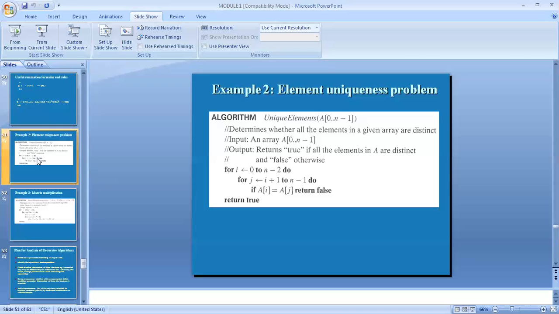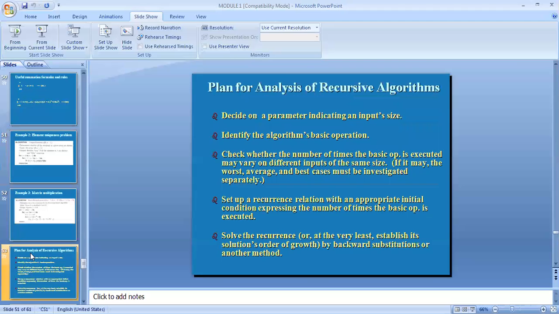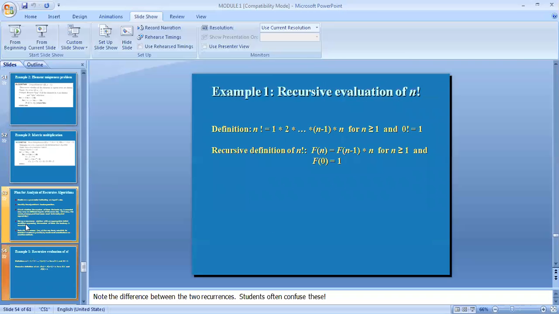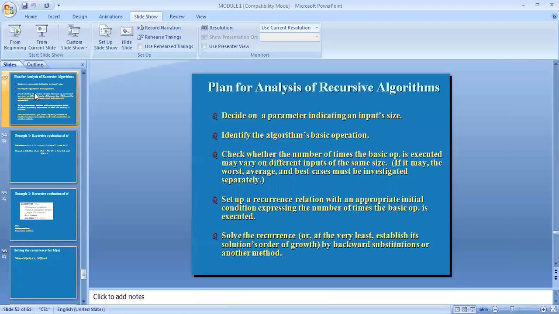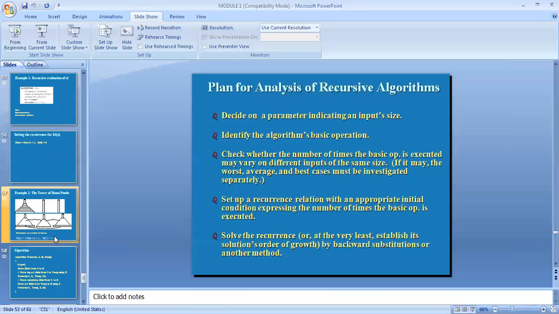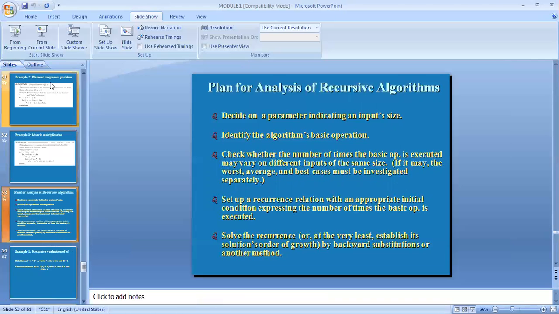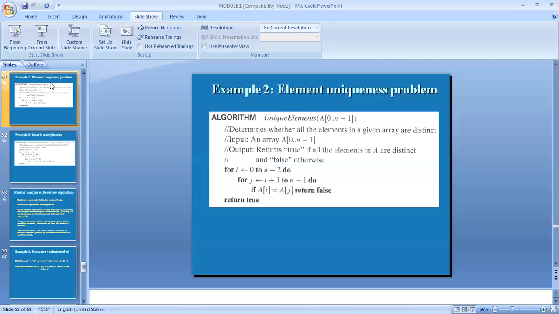Accordingly, C worst of n is equal to the summation of i equal to 0 to n minus 2 of the summation of 1 for j equal to i plus 1 to n minus 1.